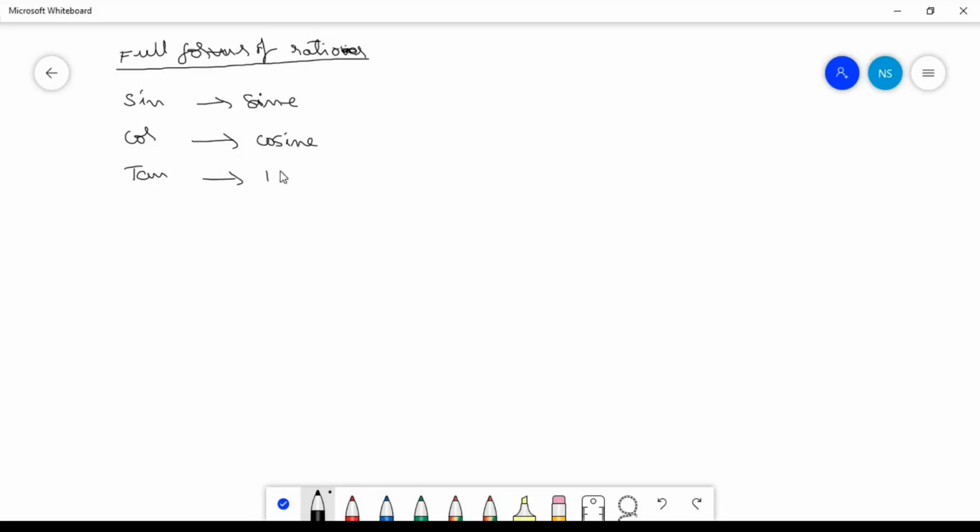Tan, full form is tangent. Cosec, full form is cosecant. Sec, full form is secant. Cot, full form is cotangent.